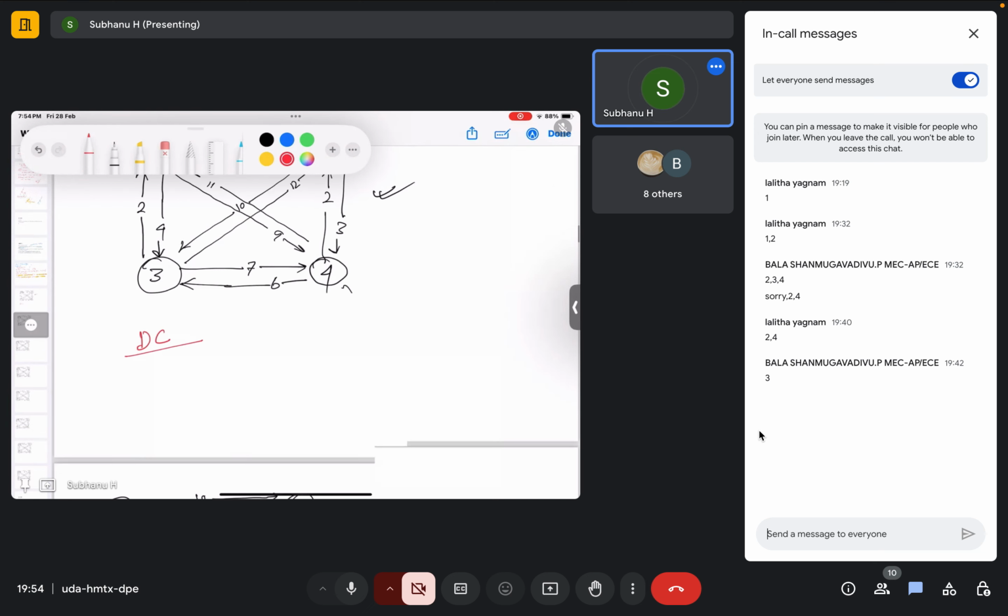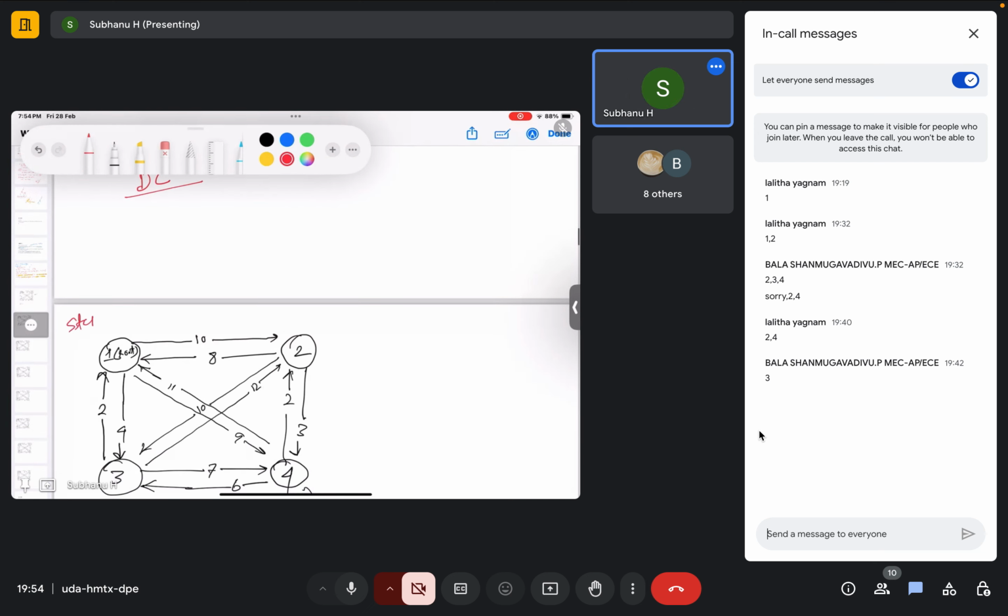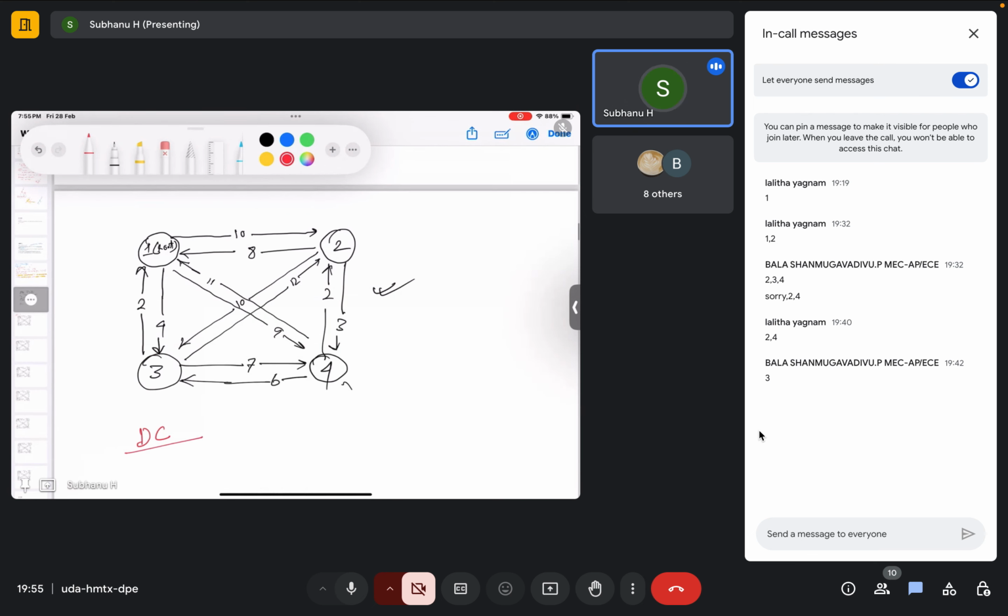Now, the first step is, given this graph, what is step 0? Given the graph, the first step is to decide the start point, that is the root of the tree. It can be predefined by the user. Otherwise, the root is the node with the highest sum of outgoing edges. Here I have given the root node.